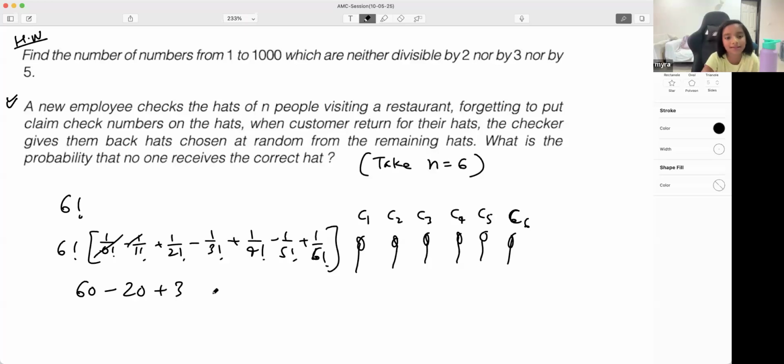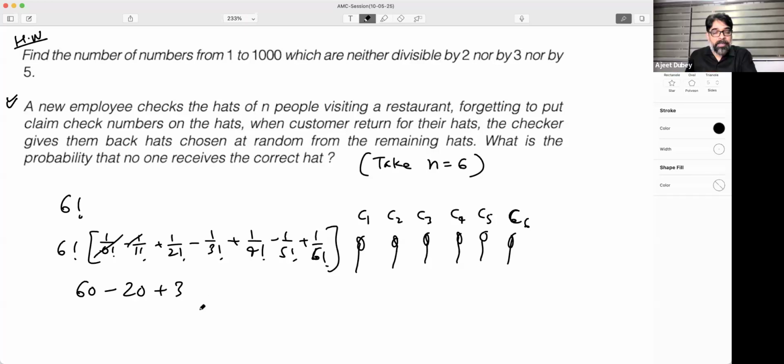Okay. Minus, this is done, and this one plus by 4 factorial. So 5 into 6, 30. Minus 6 plus 1. So this will be equal to how much? 40, 70, and 64, 65.